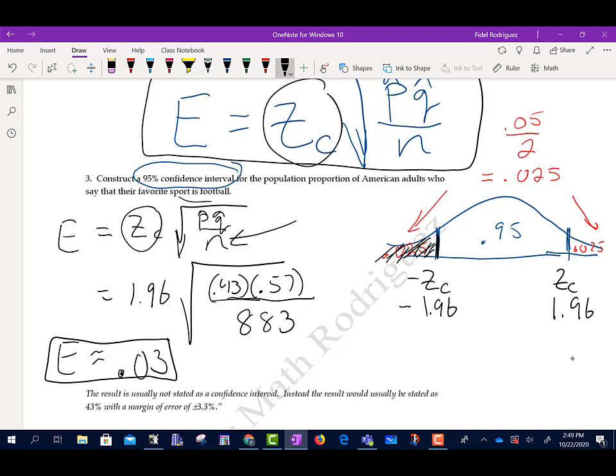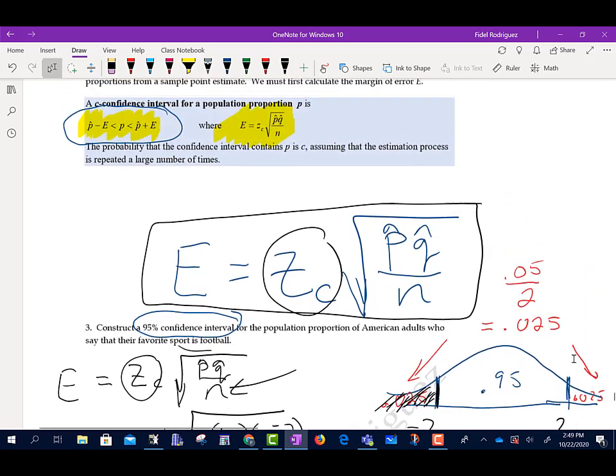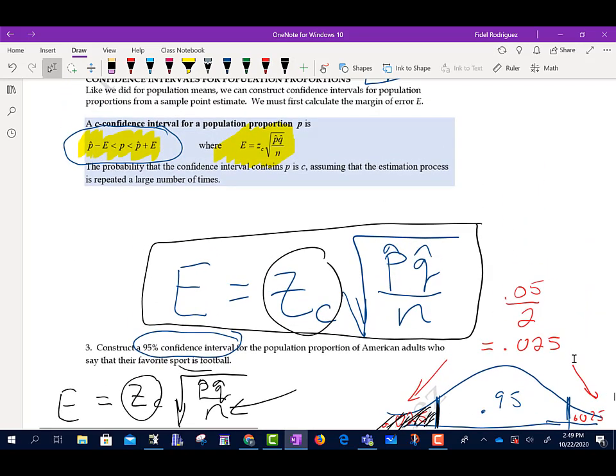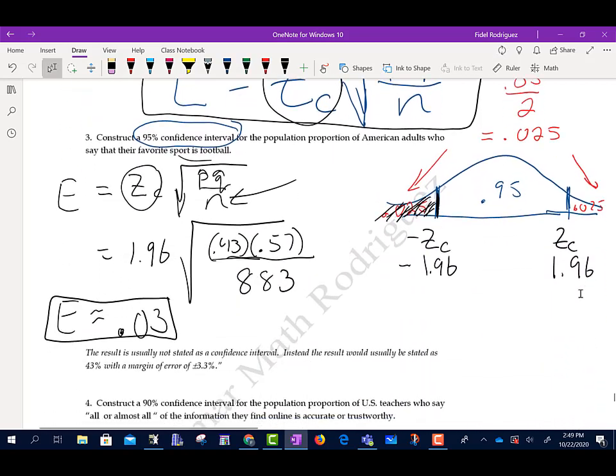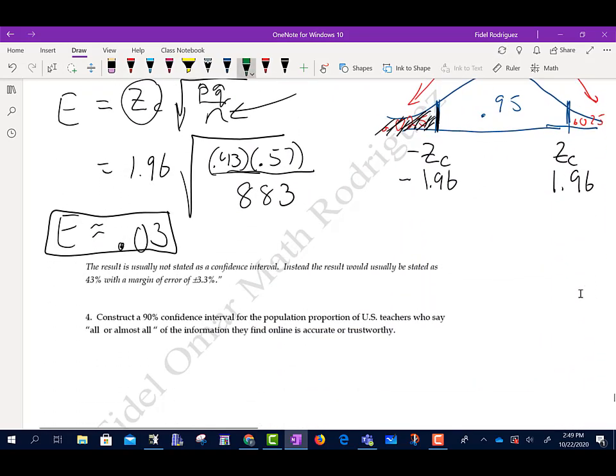So now we're going to find our confidence interval. So I'm going to scroll back up here. Remember how we find our confidence interval? It's right here. We're going to take p hat minus the error, p hat plus the error. So let me do it here in red.